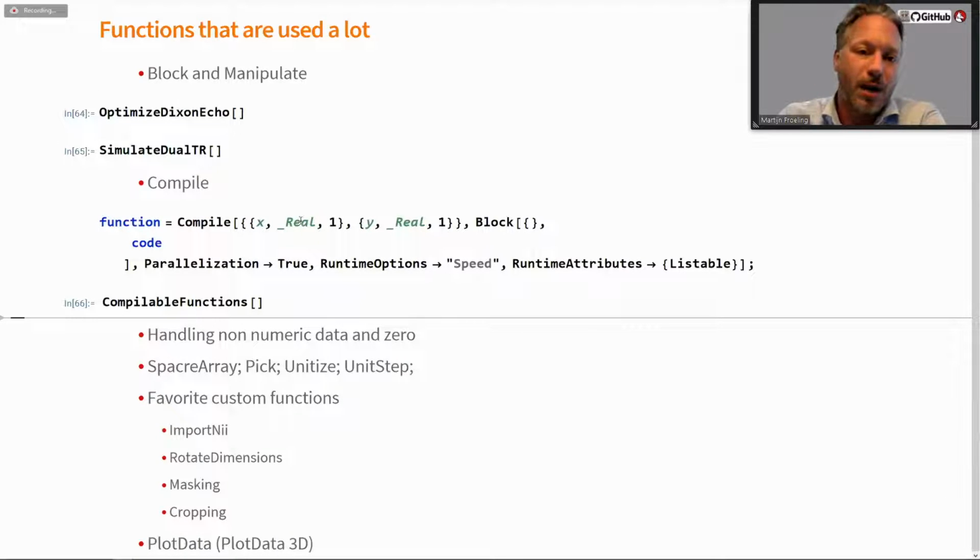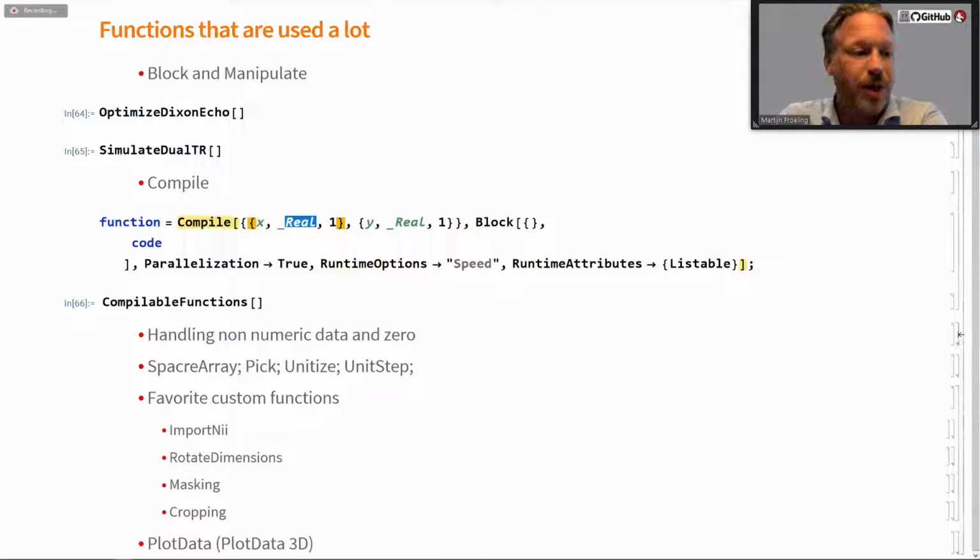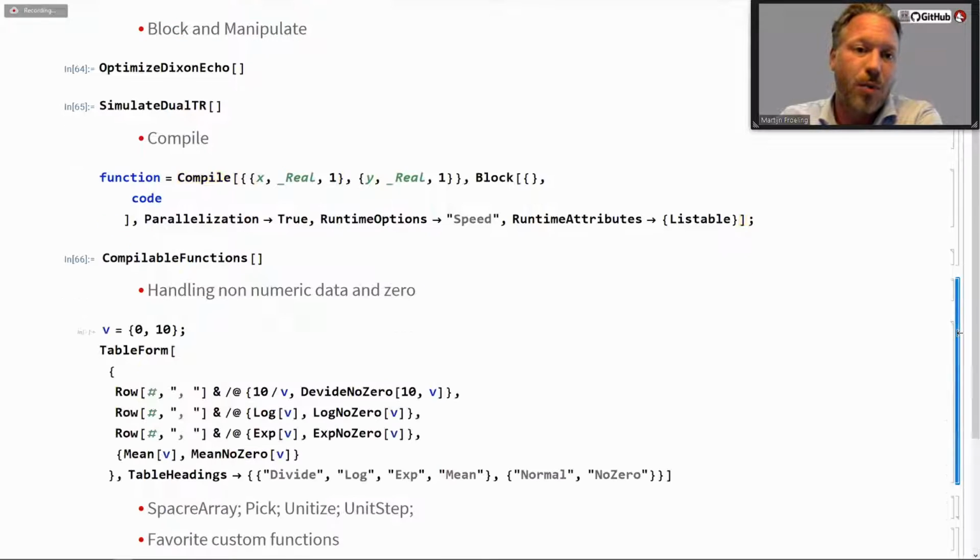If you use Compile a lot, it actually expects reals or integers. And then if you go to symbolic expressions, the symbolic expressions actually can hurt the compiler. It will typically give this message like the compiler cannot do it anymore, switching to normal code, but then the code becomes really slow again.